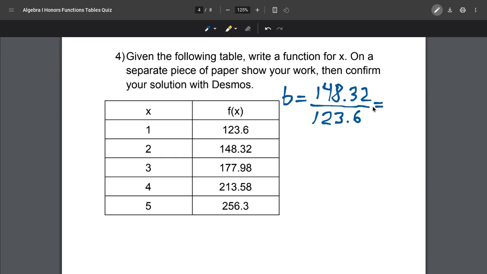Okay, so let's do that out. So 148.32 divided by 123.6, and I get a b value of 1.2.